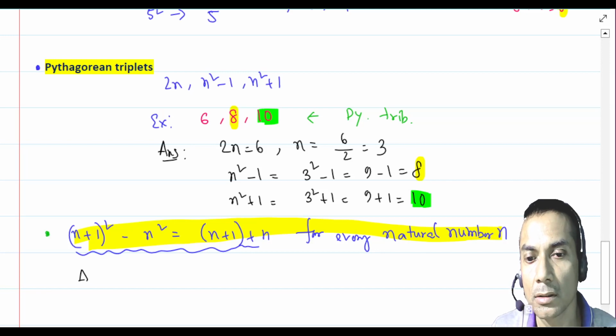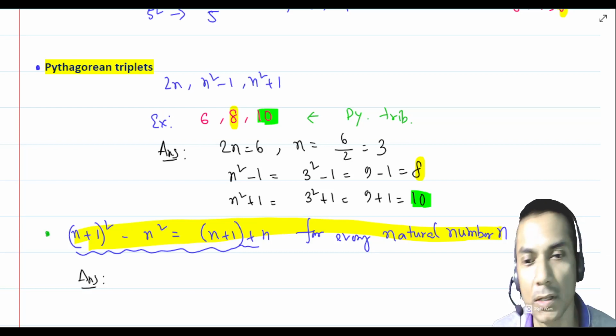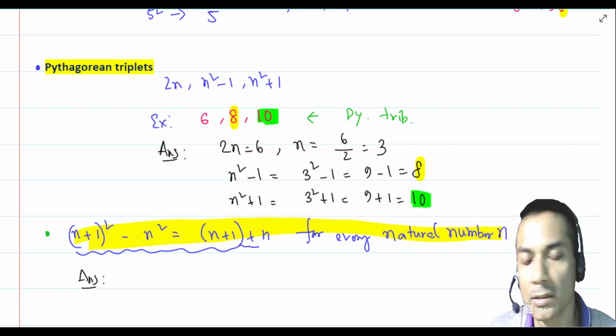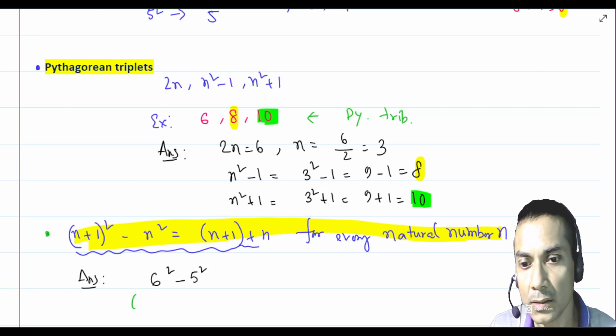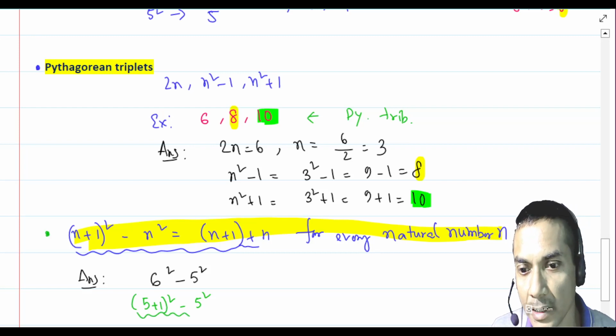For example, consider two numbers, 5 and 6. First, 6 square minus 5 square, because here n is 5. You must remember this. 6 means 5 plus 1 whole square minus 5 square. It is similar to (n plus 1) whole square minus n square. So here n is 5.